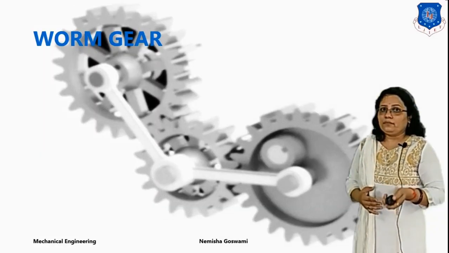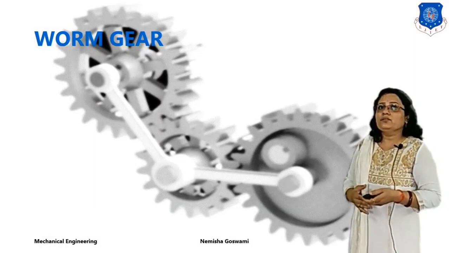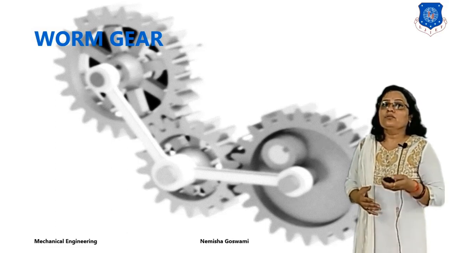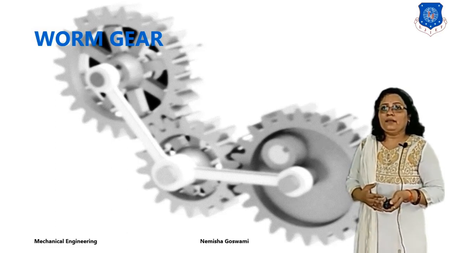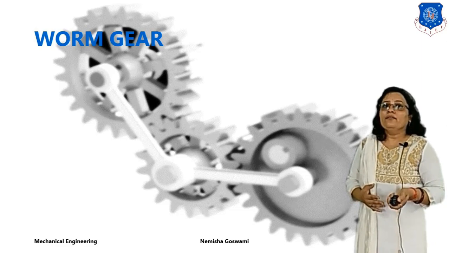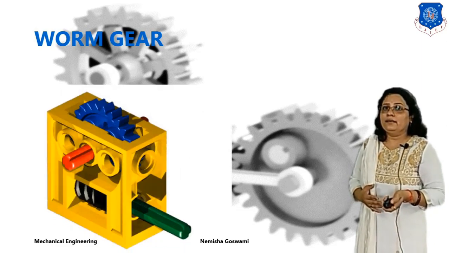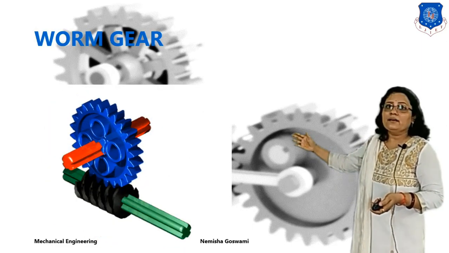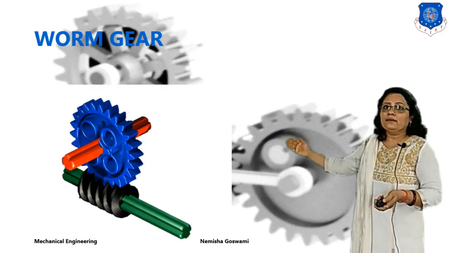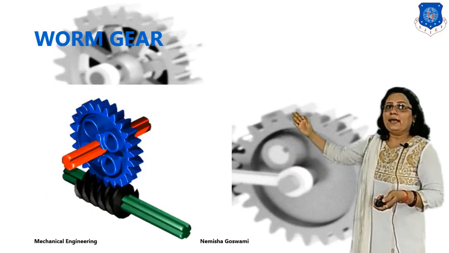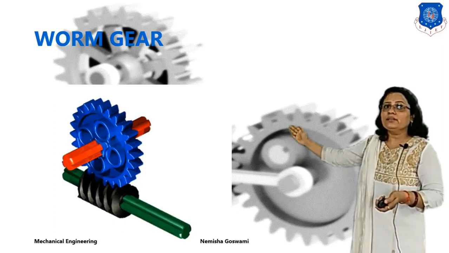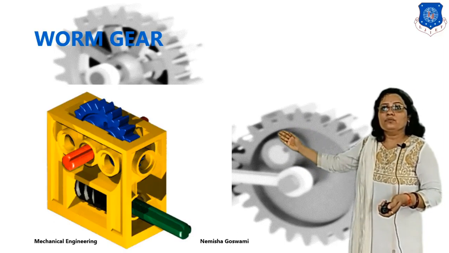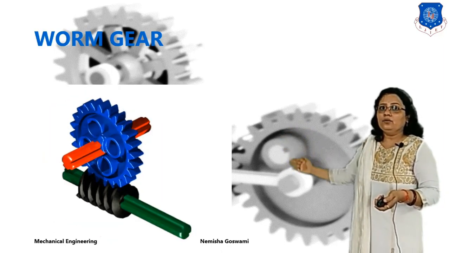Now the next classification is your worm gear, right? A worm gear is a gear pair where one element is having screw-like threads and another one is having tooth gearing. Okay, so these are the two elements.